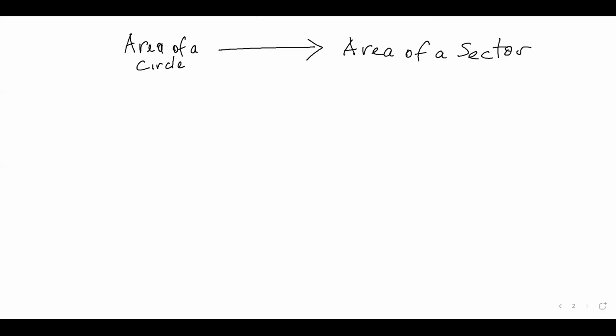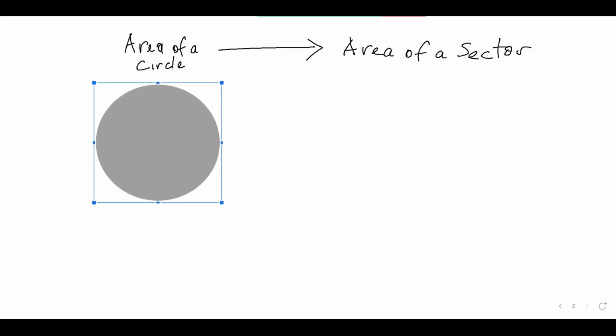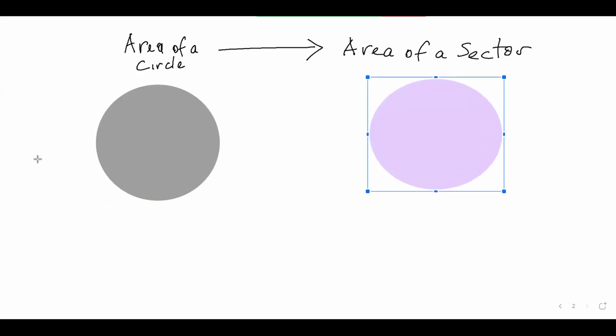Right, so we're moving from area of a circle to area of a sector. So let's say this is my circle. The area would be what is enclosed in the circle. And I am moving now to the same circle.